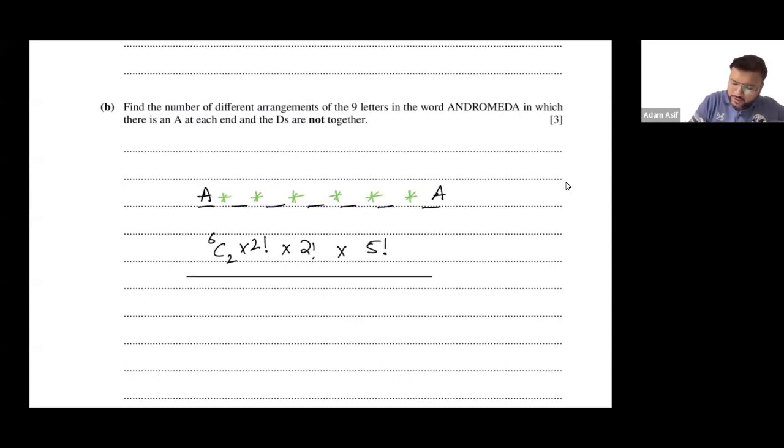But divided by 2 factorial because the 2 A's and the 2 D's are exactly identical. So let's evaluate this result. I'm getting 1800.